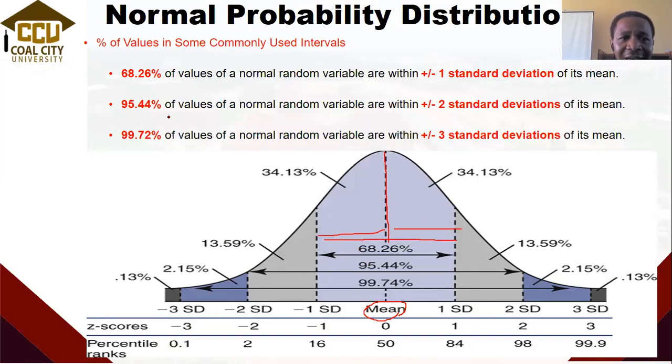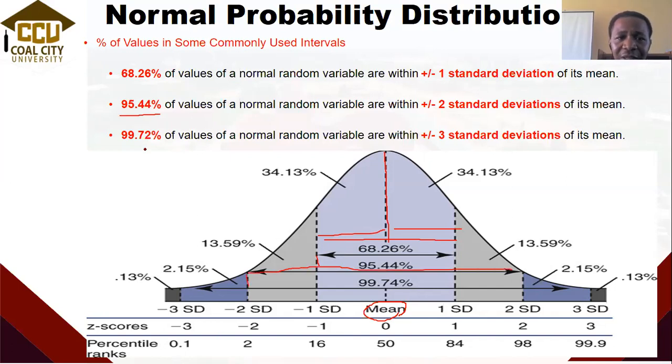While 95.4% of the values under a normal random variable fall under two standard deviations. As you can see, this is one standard deviation, this is two standard deviations.